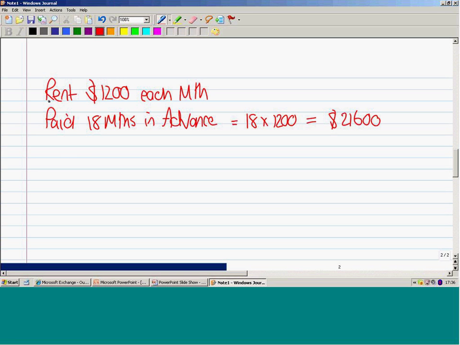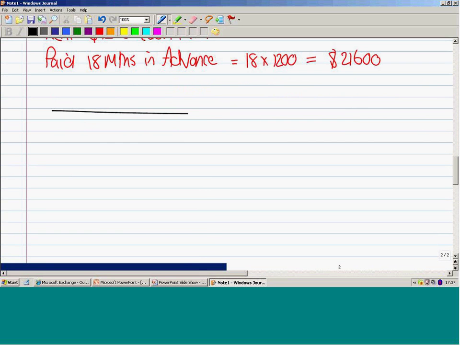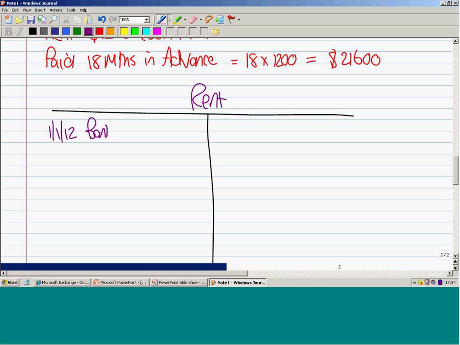So let's draw a T account, and obviously rent. Let's say we've got the 1st of January 2012, we've paid up front 18 months' worth of rent, which is 21,600. What we're concerned with is what rent we should include in our income statement for the relevant financial year.